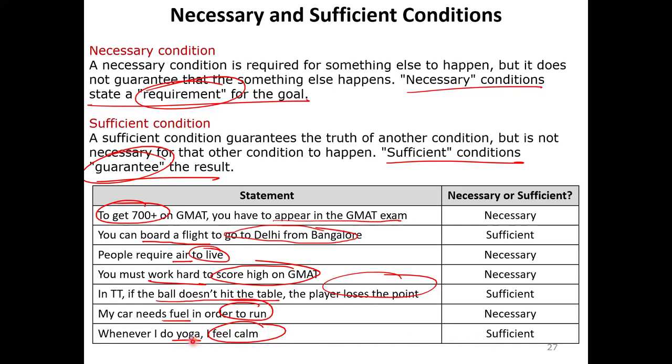My question was, why is it not a necessary condition? And this is where Bharat is absolutely correct, because this does not preclude or prevent the possibility that I may feel calm through other ways as well. For example, through shopping or through physical exercise. Which means yoga, as per the statement, is not a requirement for me to feel calm.